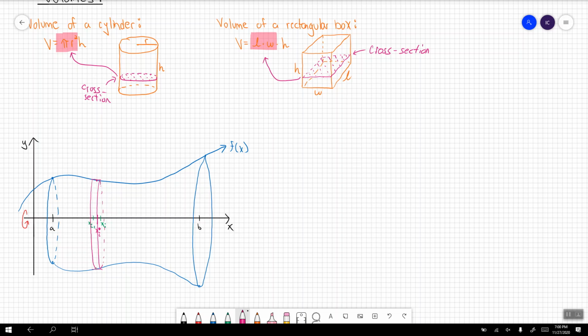This sort of hockey puck figure. And this figure has a delta x width, and more importantly, we're going to be able to find an area for this given figure.